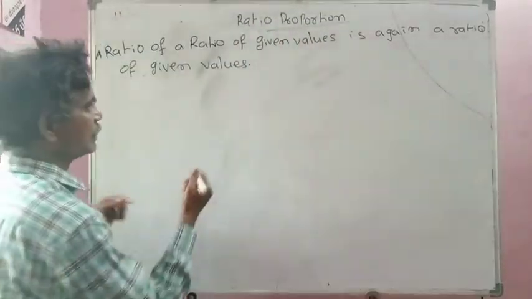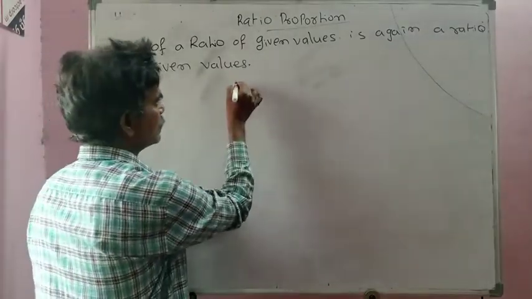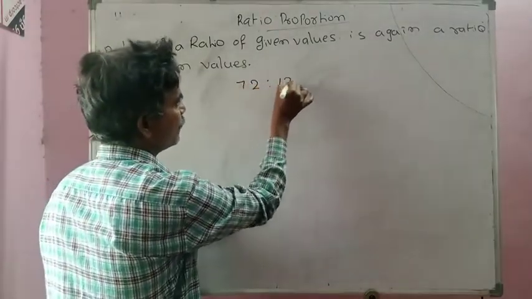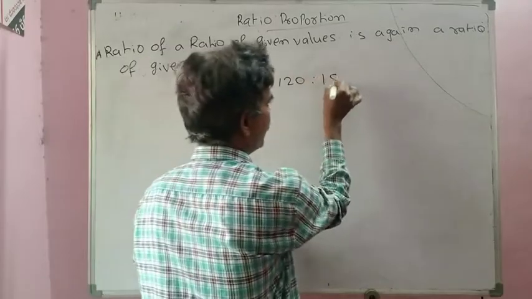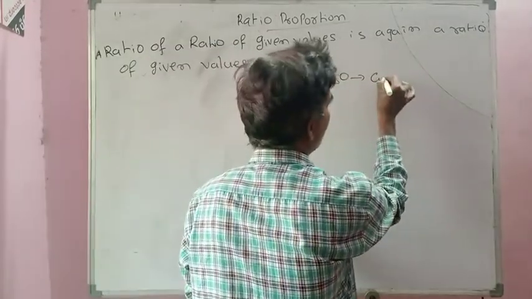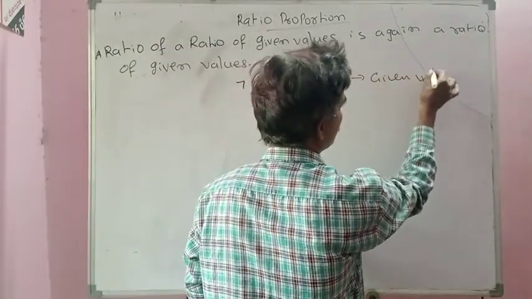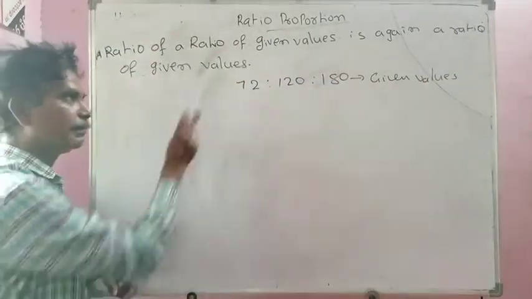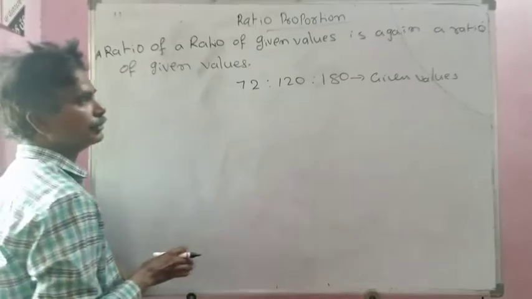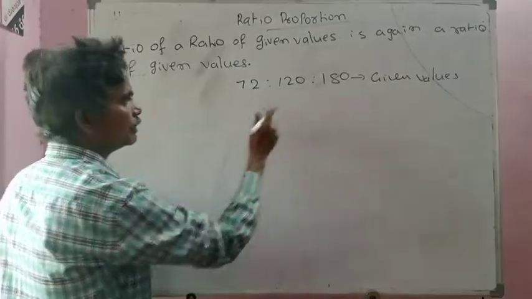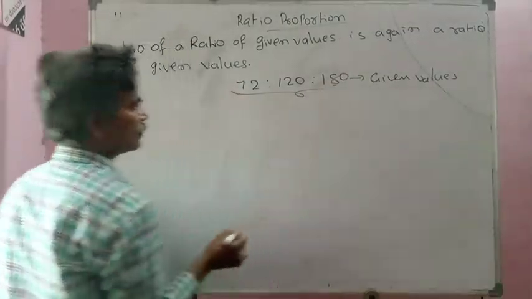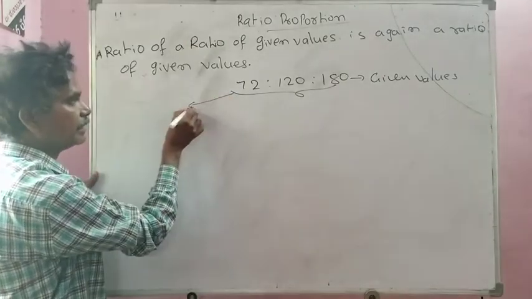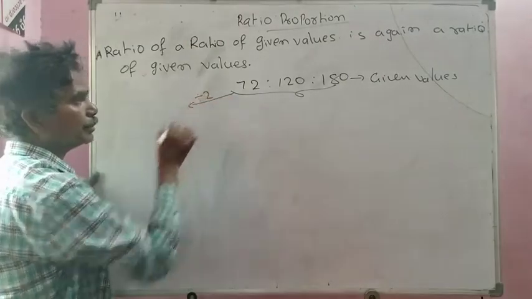Let us take some numbers: 72, 120 and 180. These are the given values. Let us find out some ratios of these values. For that, let us divide these values by 2.